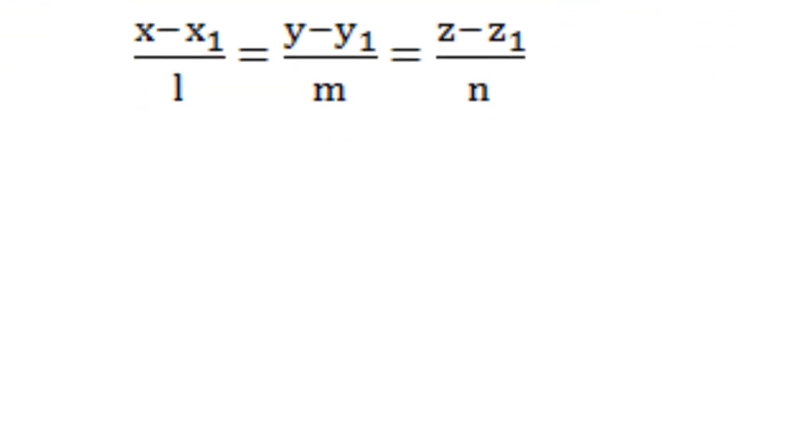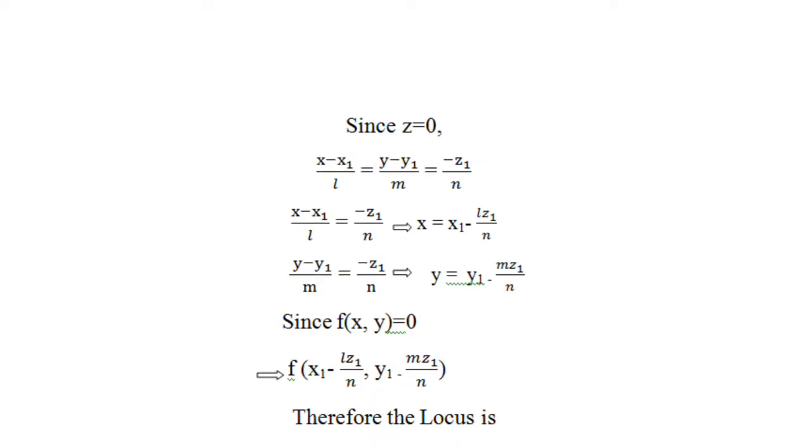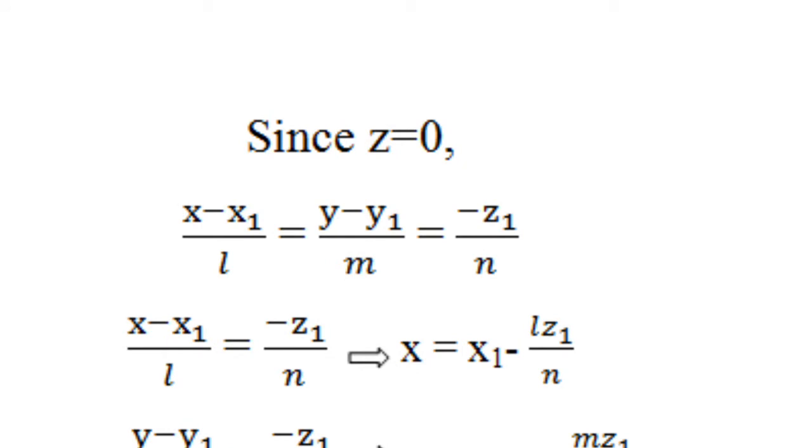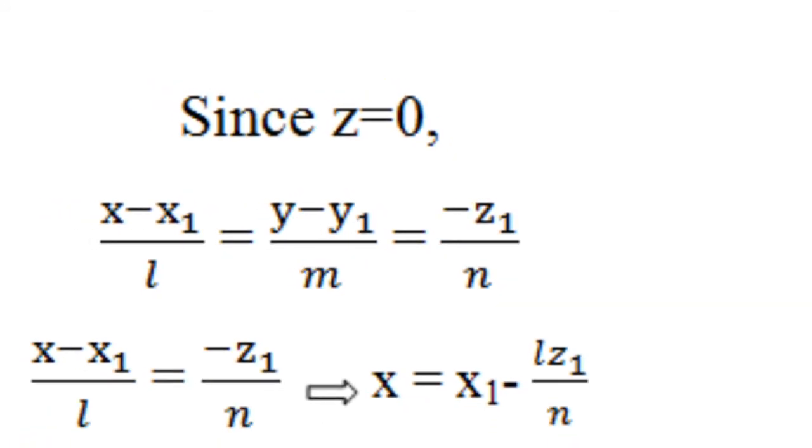If you put z equal to 0, x minus x1 by l equal to y minus y1 by m equal to, instead of z minus z1 by n, we are substituting z equal to 0, so you will get minus z1 by n.